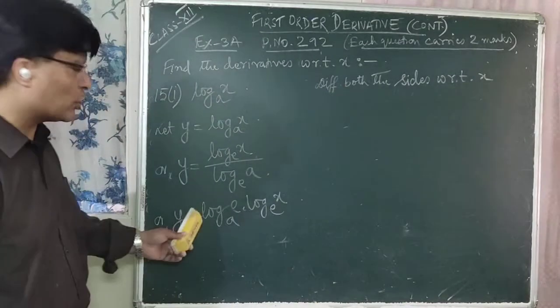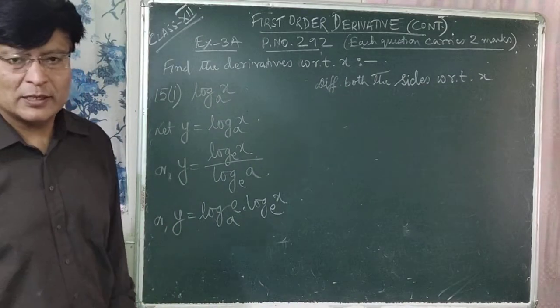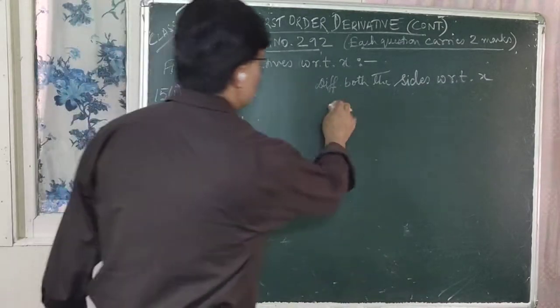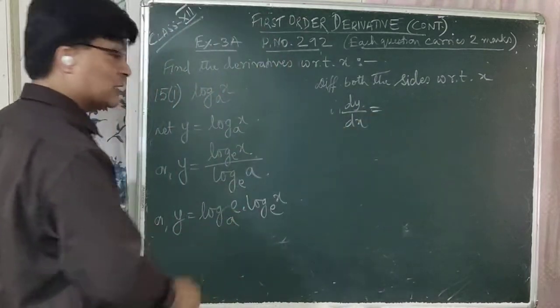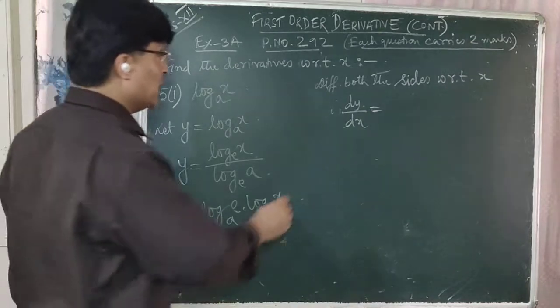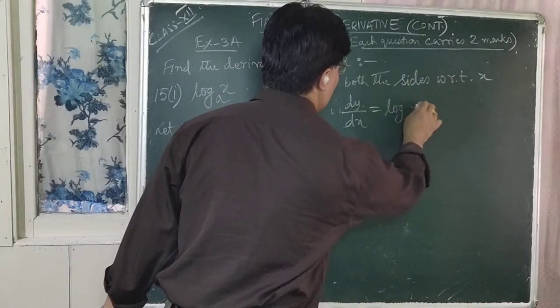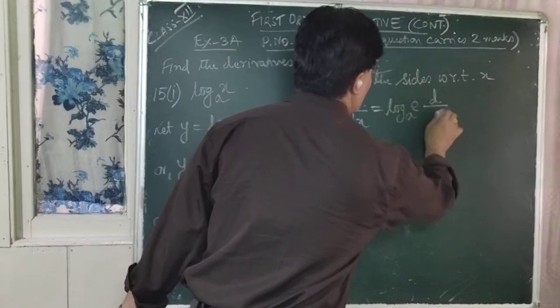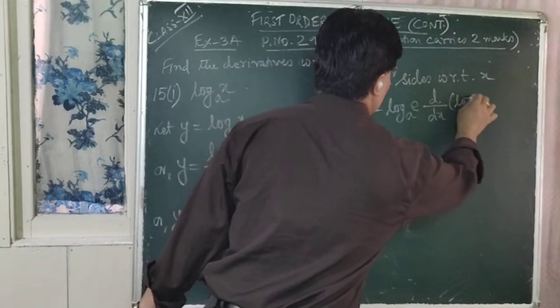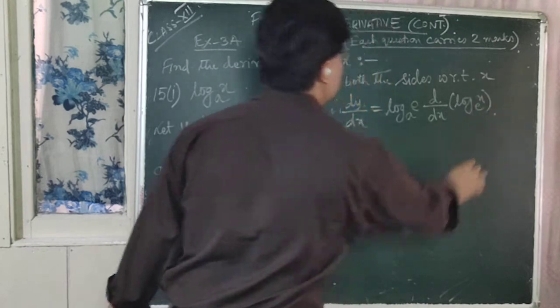Now you know that this log e base a is free from x, so it is a constant quantity. Therefore dy by dx, you can write down this log e base a in front. So it is log e base a into d by dx of log x base e.